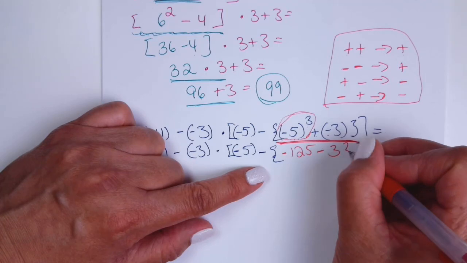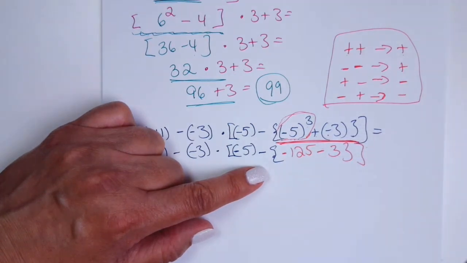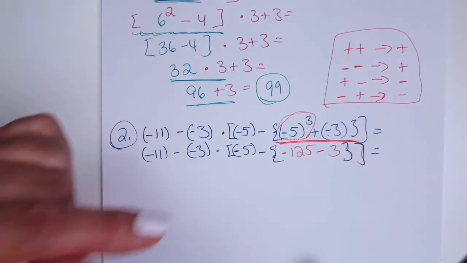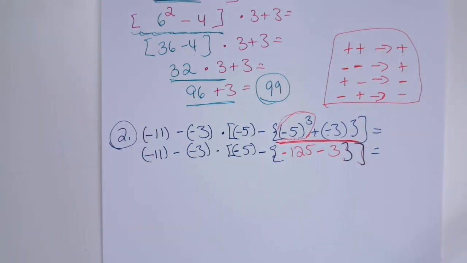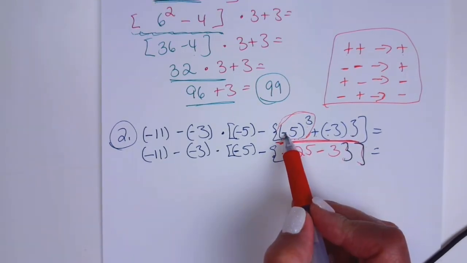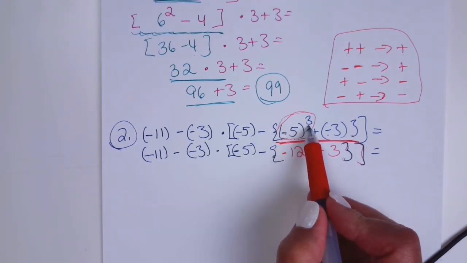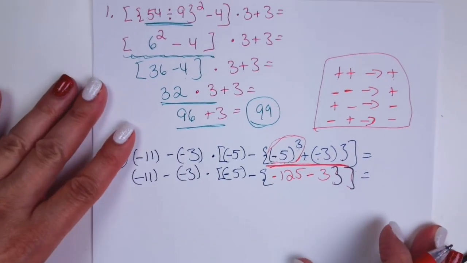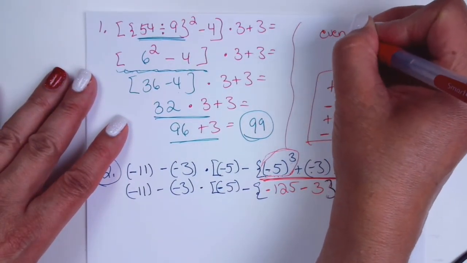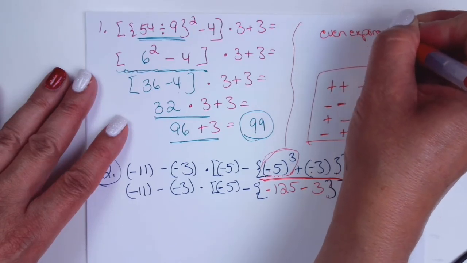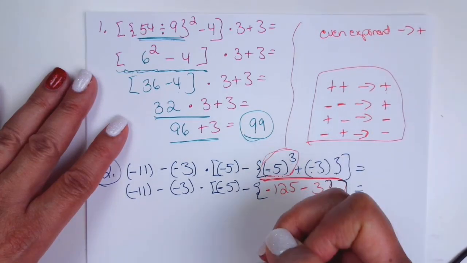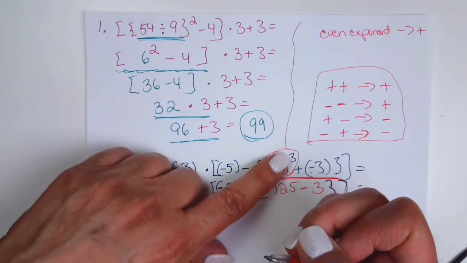That's our braces, and then there's our bracket. With the exponents and the negative signs, that works a little bit differently. If you have an even exponent with a negative base, it's going to be positive, because again, you have an even number.